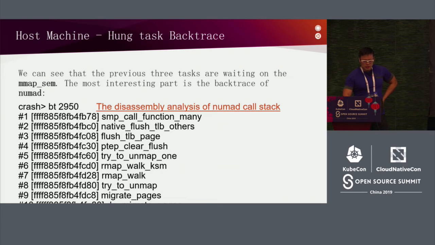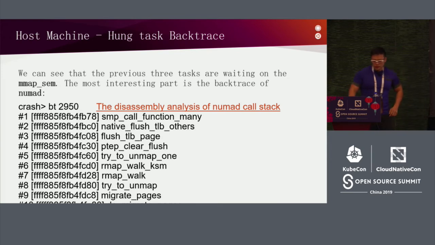This is its backtrace. It found the page's node. It happens to be a KSM page. So it wants to migrate this page. Yes, NUMAD wants to migrate pages, and it happened to find a KSM page. But there's an issue happening during this process.